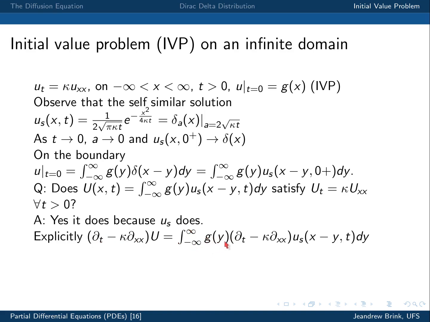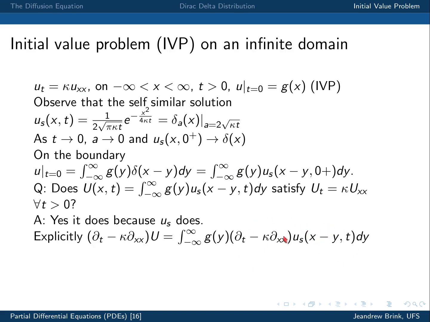We have g of y, which we could potentially move outward, multiplying the operator d_t minus kappa d_xx acting on the solution of x minus y and t, which we've already shown obeys the heat equation, and just shifting it by a constant makes no difference at all, because it doesn't influence the derivative operator.